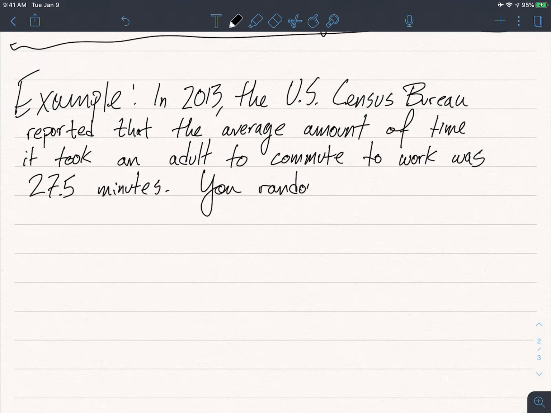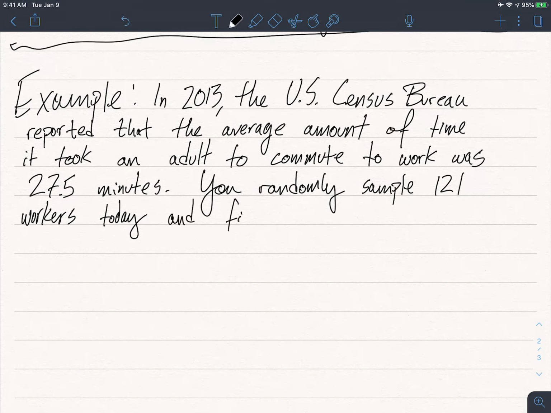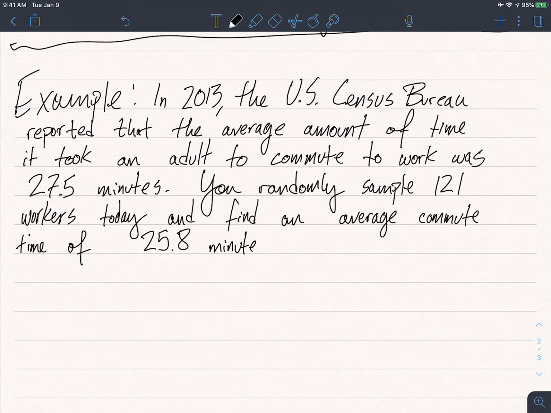You randomly sample, the book does a lot, I'm going to lower that, you randomly sample 121 workers today and find an average commute time of 25.8 minutes with a standard deviation of 8.8 minutes.